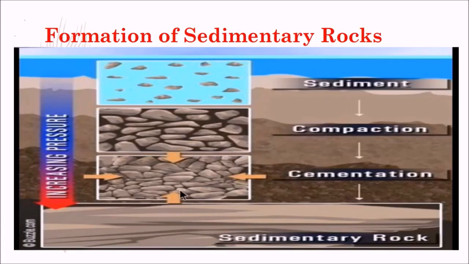They will get more cemented and form the sedimentary rocks, that is layered rocks. Because of increasing pressure and temperature, they will get more cemented. Cemented means they will get more bonded, so they form the sedimentary rocks. I hope you are clear how the sedimentary rocks are formed.